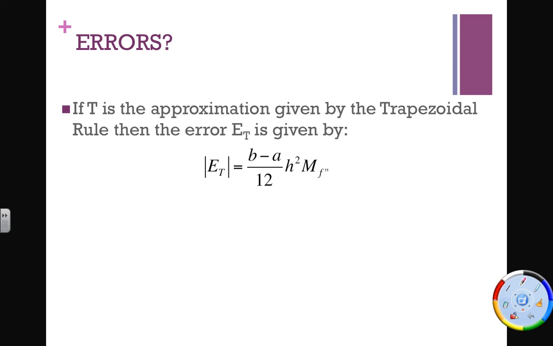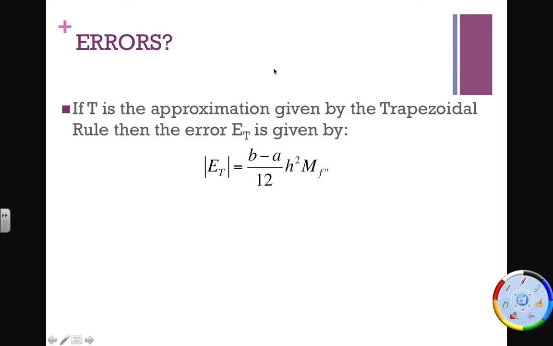We know that these are approximations, so there's some sort of error according to the actual area. So if you're using the trapezoidal rule, we can find the error.